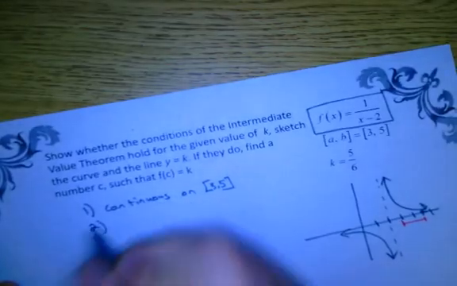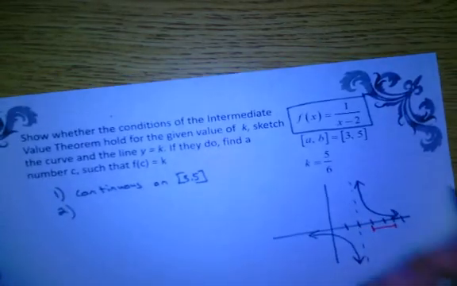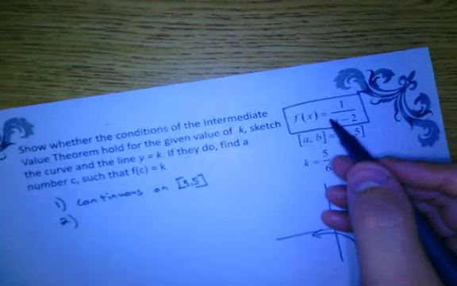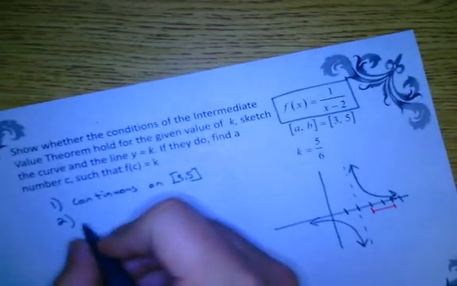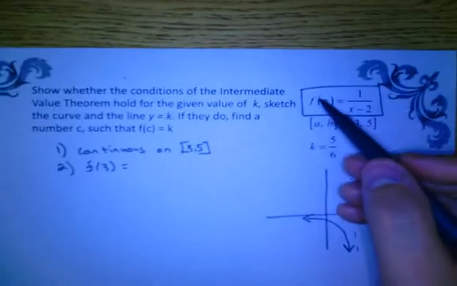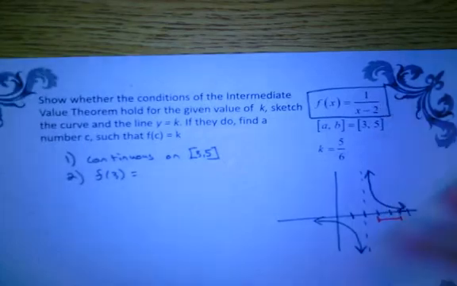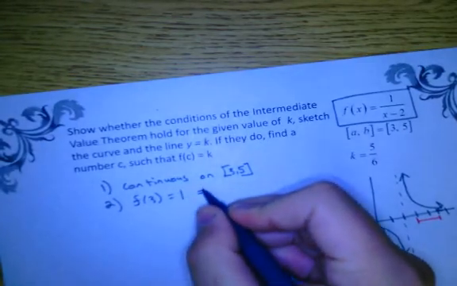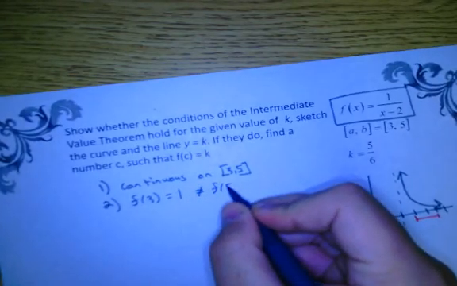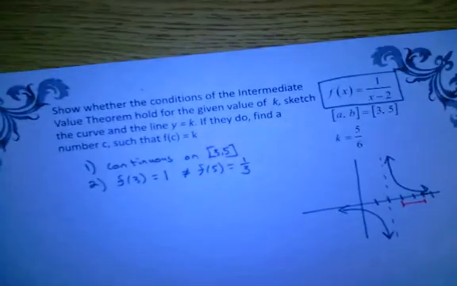Second one, the height at 3 cannot match the height at 5. So I'm going to do f of 3. By the way, if I plug in a 3 here, I'm going to get 1 over 3 minus 1, which is just 1, which is not equal to f of 5, because if I plug in a 5, I'm going to get 1/3.